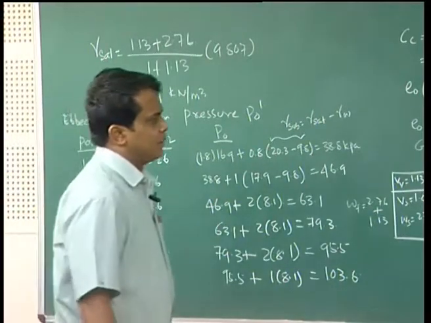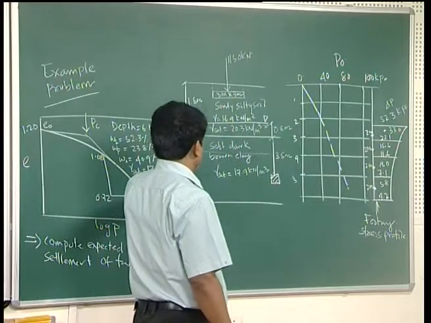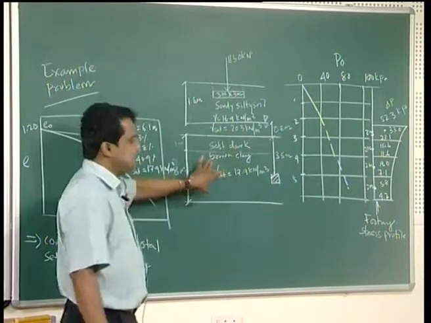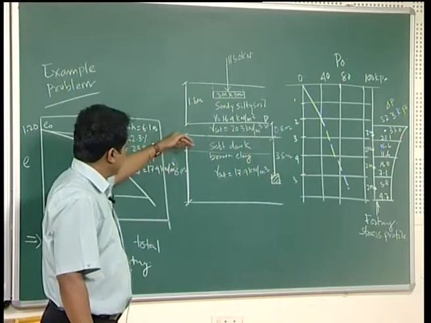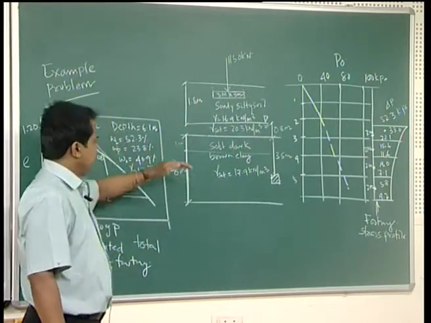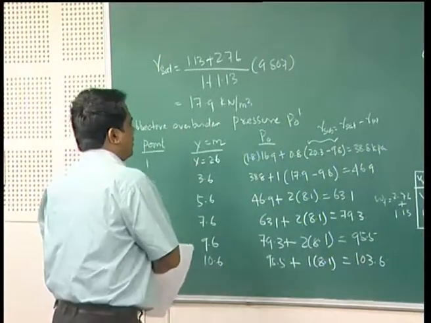If you look here, this has been divided because the settlement has to be calculated in this clay layer. The clay layer has been divided into sub-layers of 1 meter each, and for each 1 meter the P 0 has been calculated. P 0 is the effective overburden pressure, so we write it as P 0 prime.